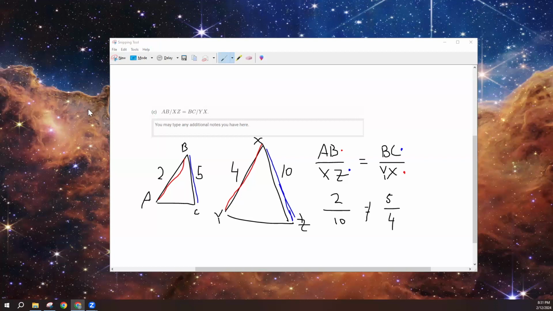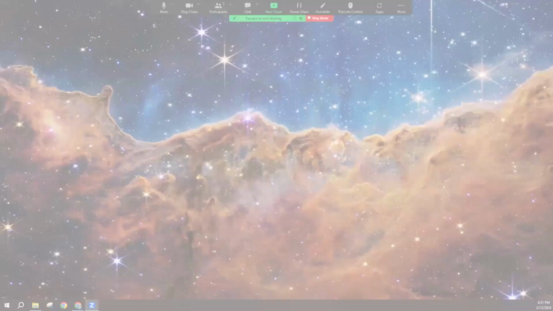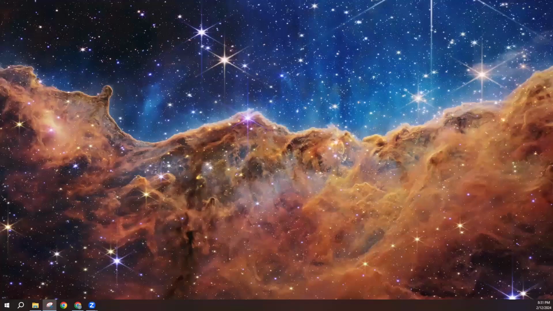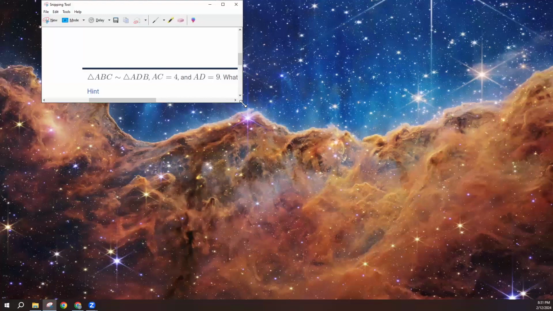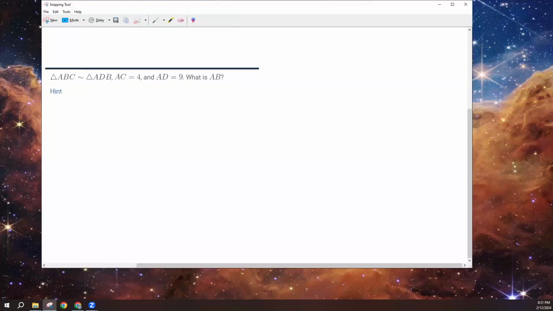Okay, let's try this one right here. So we'll do a new snip right here. Let's see if you can solve this one for me. The question here is, we've got triangle ABC, and it's similar to triangle ADB, and you've been given some side lengths, 4 and 9, and the question is, what is AB?